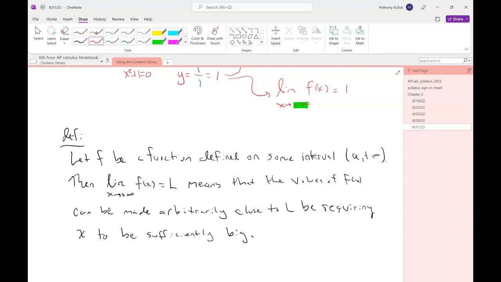Basically we're just saying we can get as close as we want to L by just picking progressively bigger and bigger values of x.